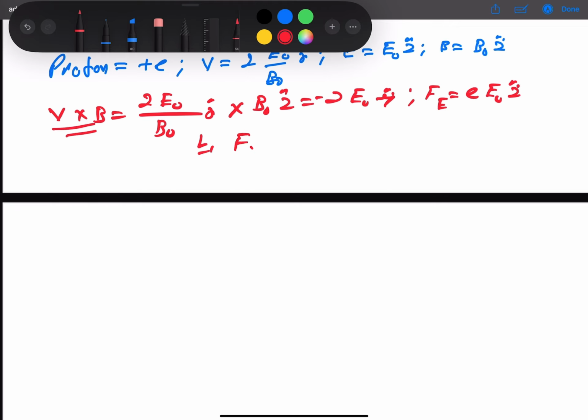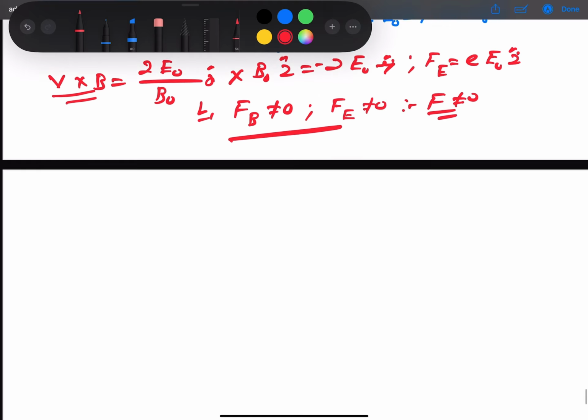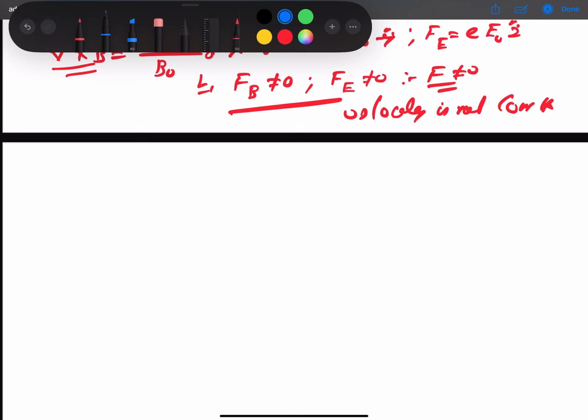So neither the magnetic force is equal to 0 nor the electric force is equal to 0. So therefore the total force will not be equal to 0, because it will be a simple addition. So this option is also incorrect. So force is not 0, so velocity is not constant. This option is incorrect.